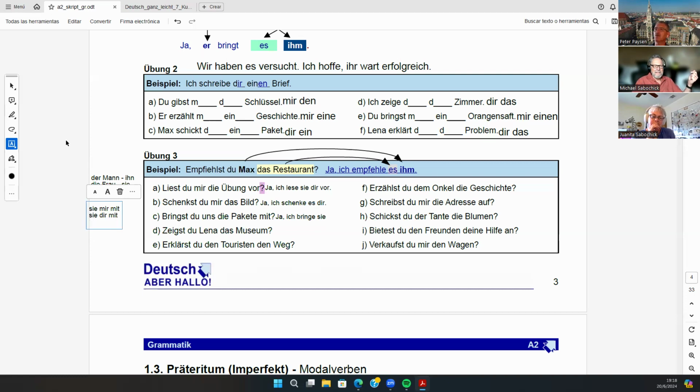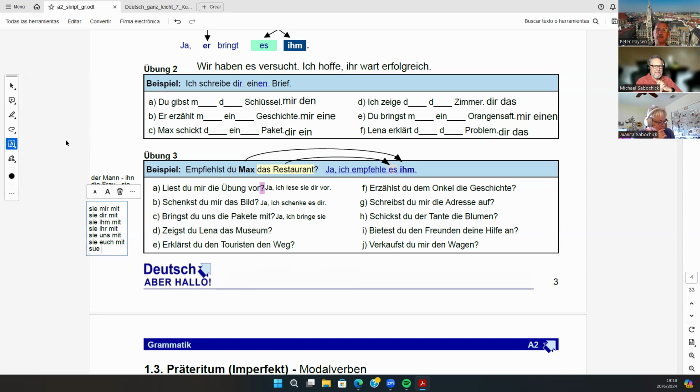I bring it to you. Ich bringe sie ihm mit, to him. Ich bringe sie ihr mit, to her. Ich bringe sie ihm mit, to it. Ich bringe sie uns mit, to us. Ich bringe sie euch mit, to you.